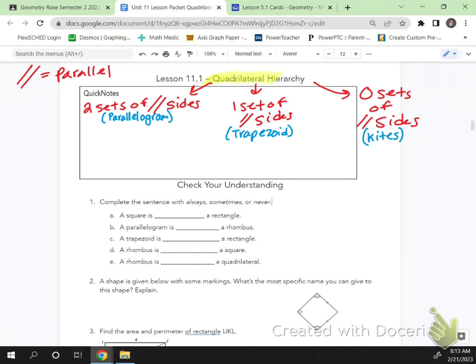Let's get more specific now. 2 sets of parallel sides and 4 right angles. Which shape has 2 sets of parallel sides and 4 right angles? A rectangle.